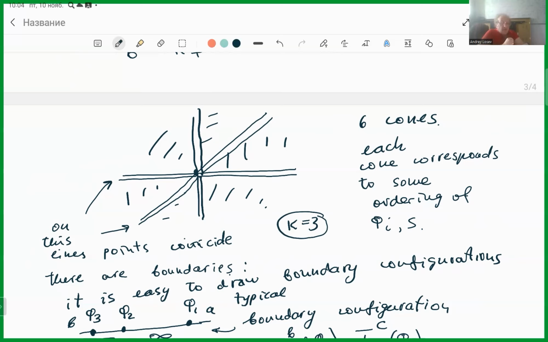So there are k factorial ways to distribute points in order.